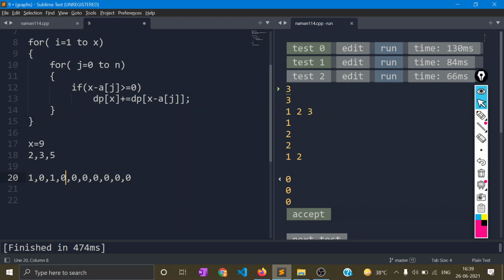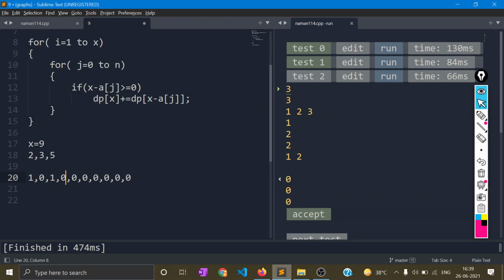So on 3, I know that 3 minus 2 is 1, so it is greater than 0, so dp[x] is equal to dp[x] plus dp[1]. dp[1] is currently 0, so it would be 0 for now.